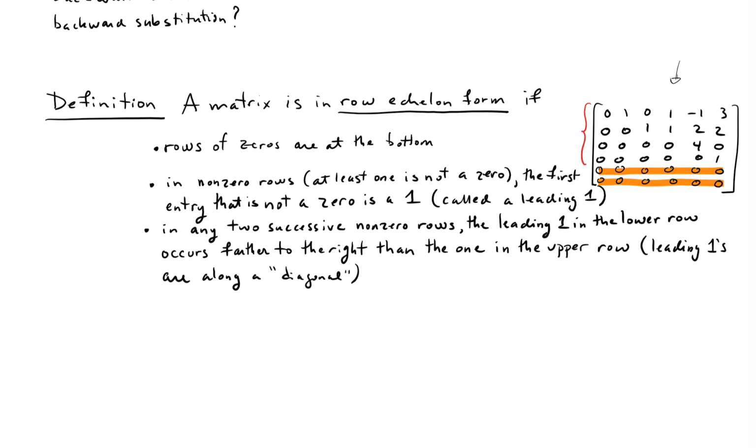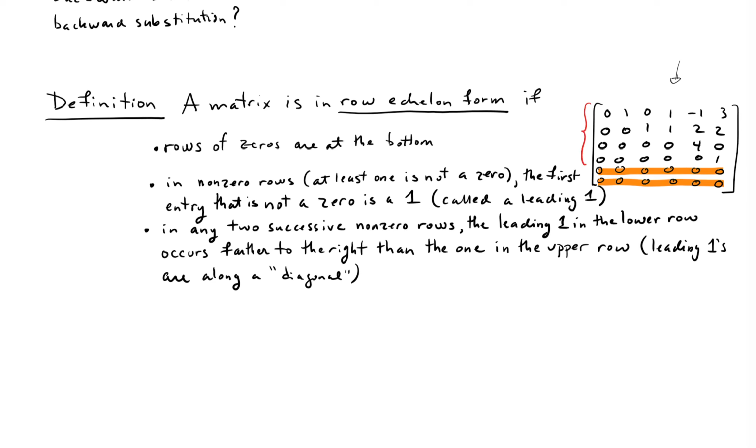It's this one. I should slightly change it from a 4 to a 1 if I want my definition to work. So 1 here and 1 there. So in this matrix, the first non-zero entry in each row is a 1. So property number 2 is satisfied.